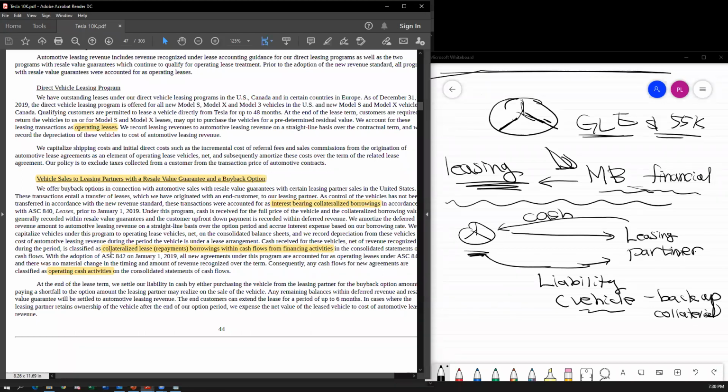So prior to the change in accounting principles in 2019, this Tesla company was actually reporting a liability as if you're borrowing money from a leasing partner, even though the transaction is basically selling a car to a leasing partner. But after 2019, the company is actually leasing a vehicle to a leasing partner and reported under operating leases. Okay, so this is what I'm trying to portray here.